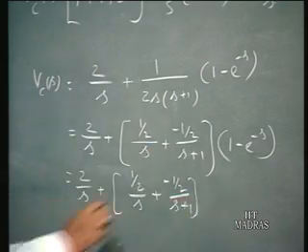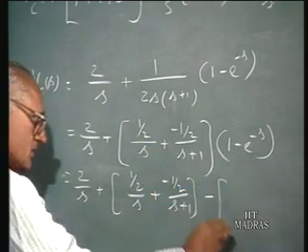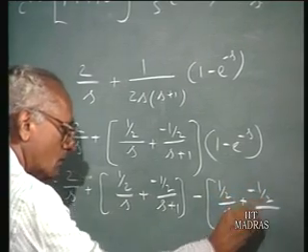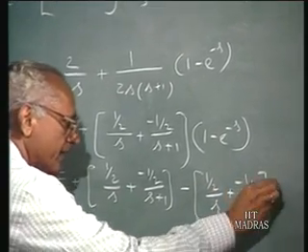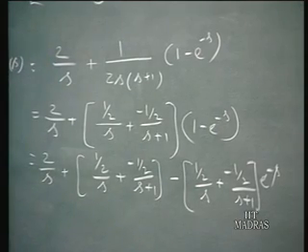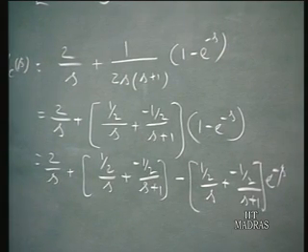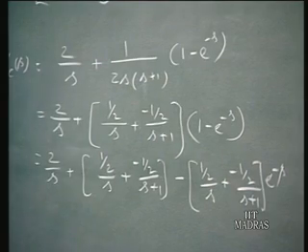That is one group of terms, and the same group of terms multiplied by e^(−s). If you find the inverse Laplace transform of each of these groups and add them up, that will be your Vc(t).